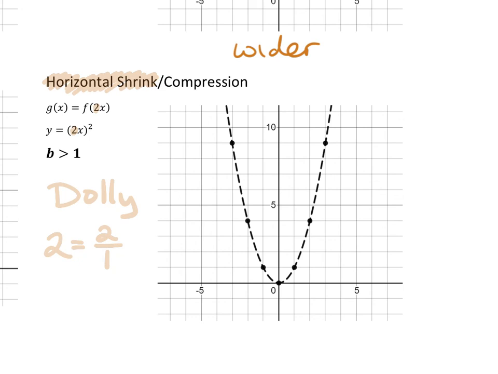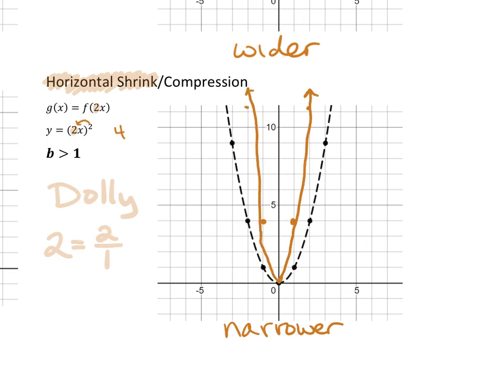And the reason that this actually gets narrower, because we know Dolly Parton numbers always make their graphs narrower, is because, again, since this 2 is inside, it's going to be distributed to that squared, which means 2 squared, that's 4. I'm actually multiplying each and every coordinate point by 4. It goes off the screen really, really fast. So when I draw this parabola, it's narrower because it was inside. Oop, I missed. That'll do. Sorry, y'all know my parabolas are terrible.